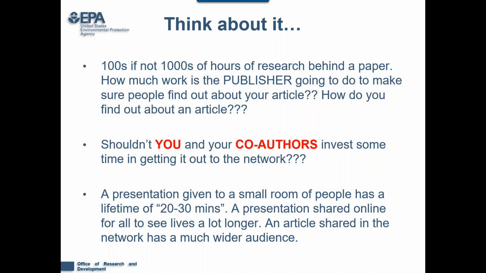Those are called alternative metrics, by the way. Views, downloads, not citations. Citations are classical. The alt metrics are the downloads and redistribution, and how many people on Twitter are talking about your article. So I would encourage you that you and your co-authors should do some work of getting it out to the network. And if your co-authors tend not to, it's still your work. You should put the effort in.